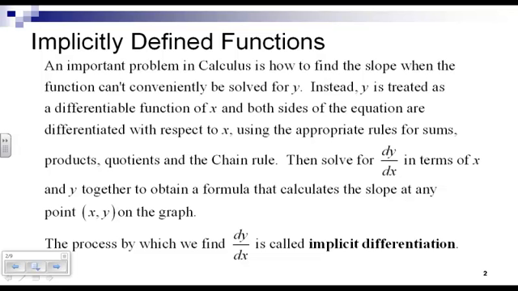When we're in that situation, we think of y as a variable, but we also imply that y is a function of x, even though we can't solve for it. The implicit part of this is when we see y, we think of it both as a variable and implicitly as a function of x. So what's the implied part of implicit differentiation? We see y and we imply it as a function of x.